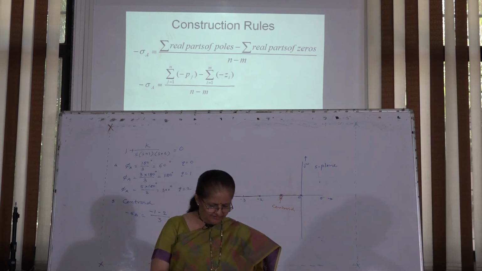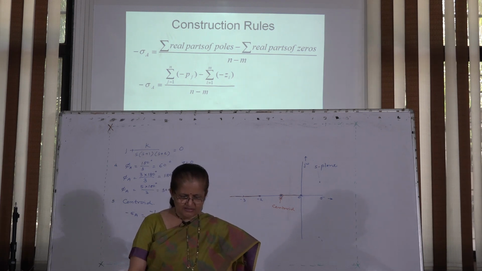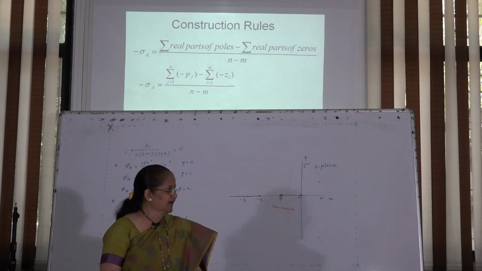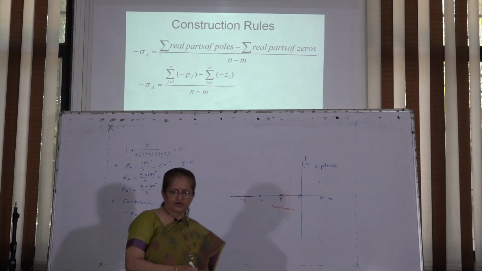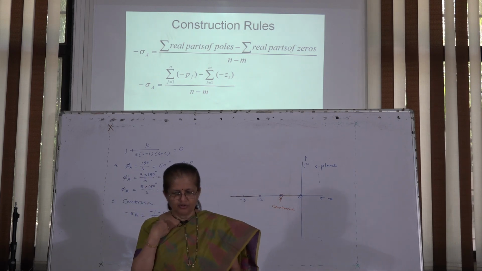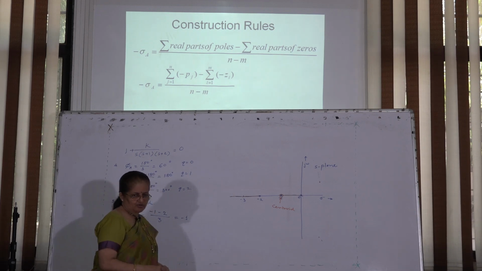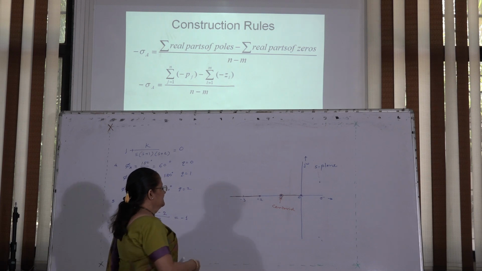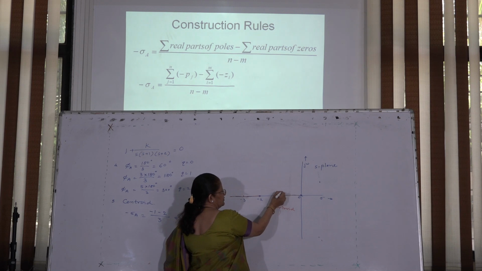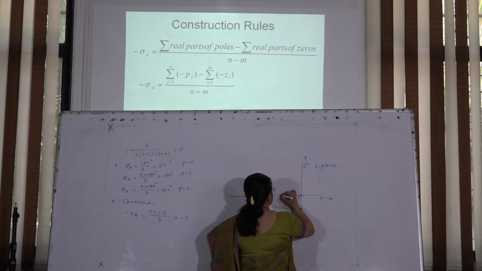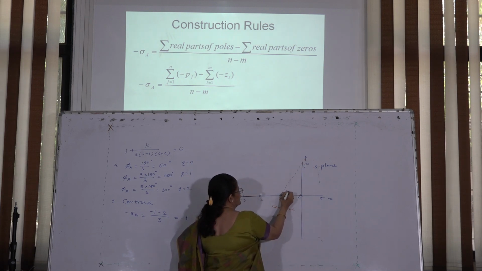Okay. Now, the segments of the real axis which we have seen, now we will see how the asymptotes will go. The angles you got are 60 degrees, so from minus 1, which is the centroid, you have to draw an asymptote at 60 degrees. See, this is your centroid, the angle you have to measure anti-clockwise from this axis. So, draw the asymptote, and this angle is 60 degrees.